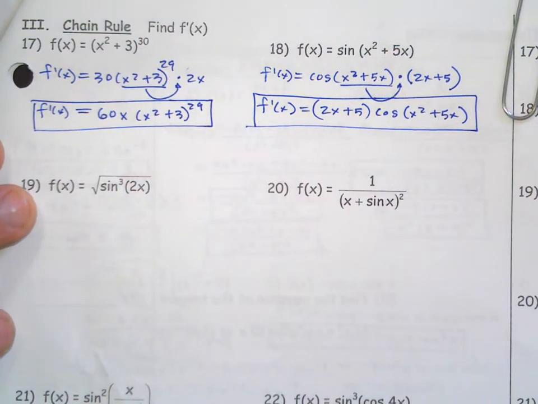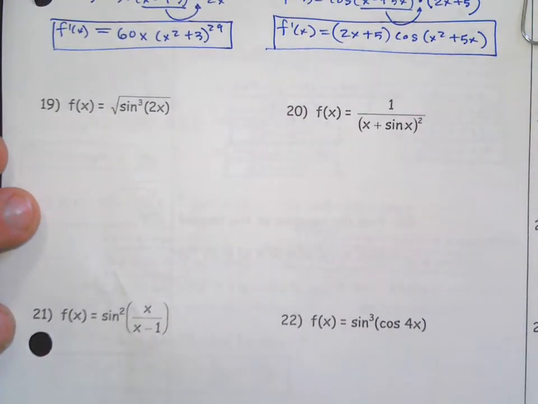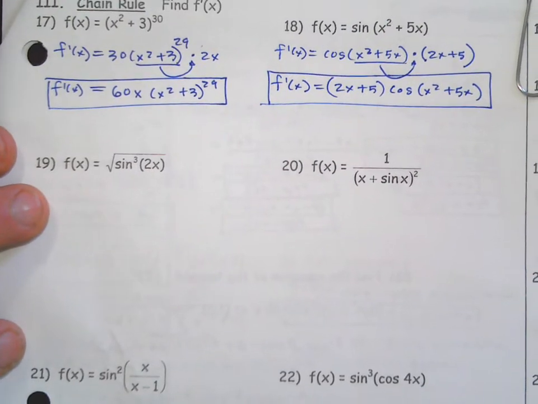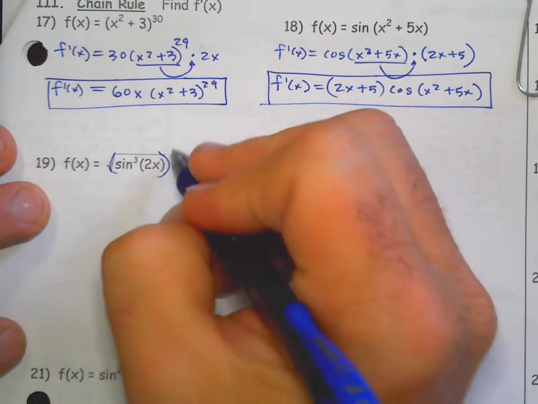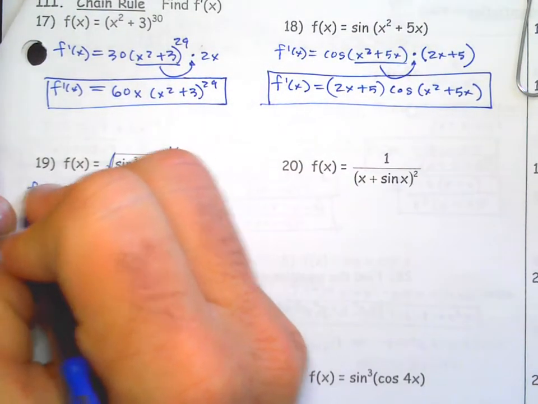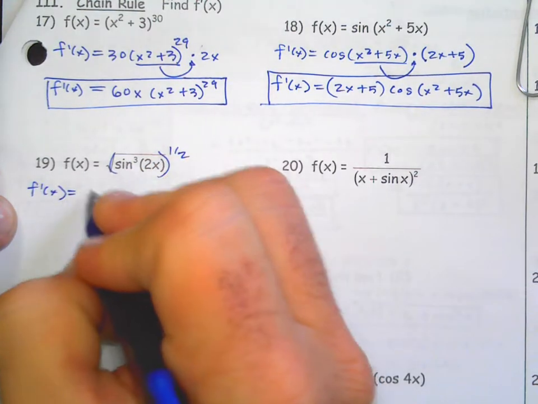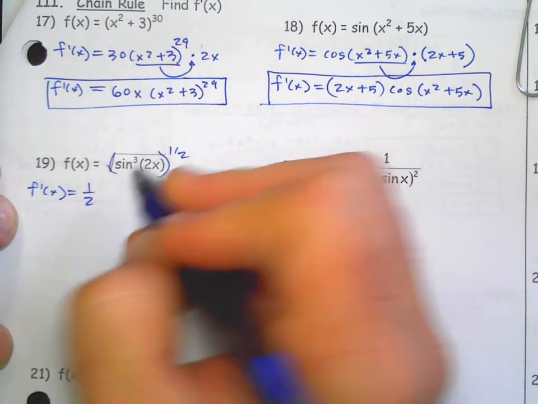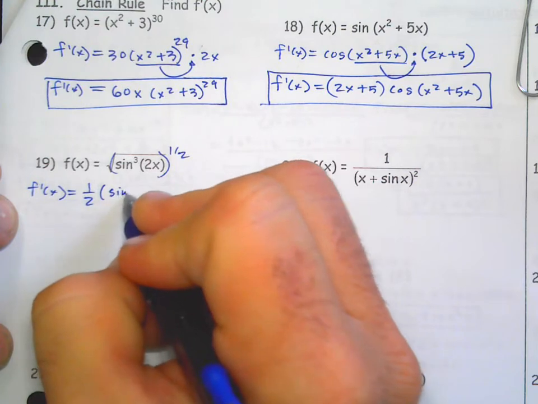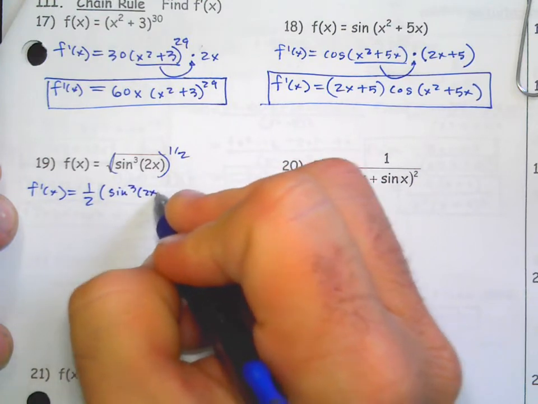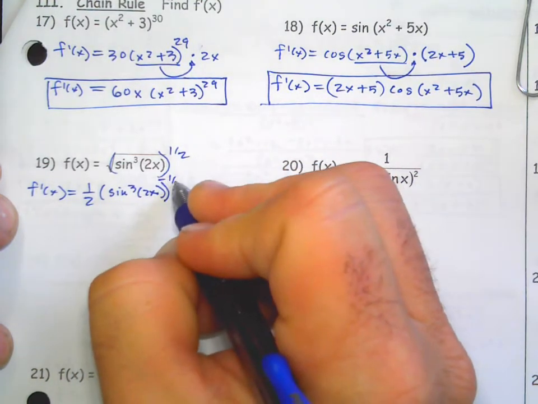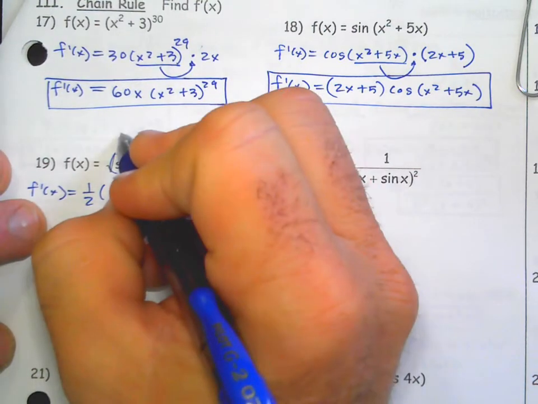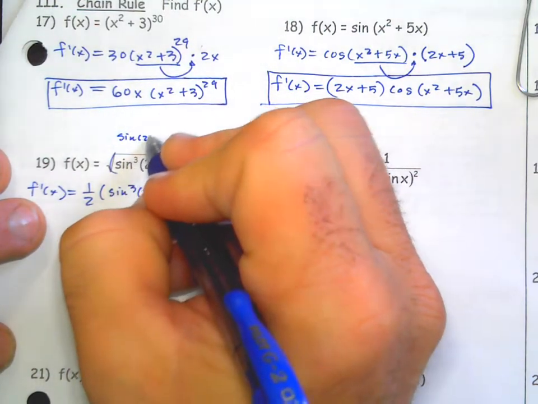Okay? All right, next one, I'm going to write it as a 1/2 power. So that's what it is. Radicals are rational exponents, so they're power rules. Leave the inside the same. Now, this is sine, the same thing as sine 2x cubed.